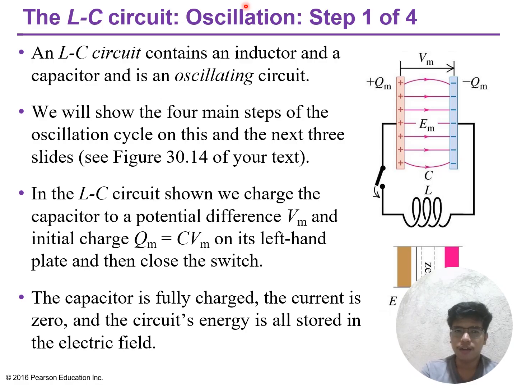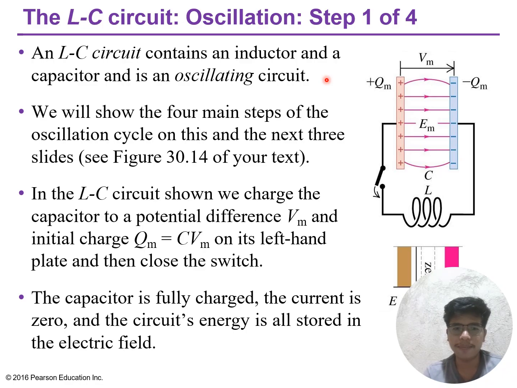We use a battery of voltage V and the left-hand switch to charge the capacitor to maximum voltage V sub M and charge Q sub M, positive Q sub M on the top plate and negative Q sub M on the bottom plate. The capacitor holds full charge like a charged battery. So the current is equal to 0.